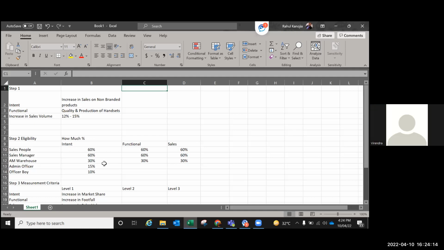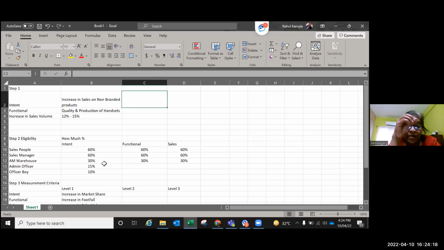You're determining the measurement criteria by saying that if you have achieved sales, quality, customer satisfaction, written in terms of A and B and C, etc., and you achieve A plus B plus C, you are going to get 100% or 150% or 200%.